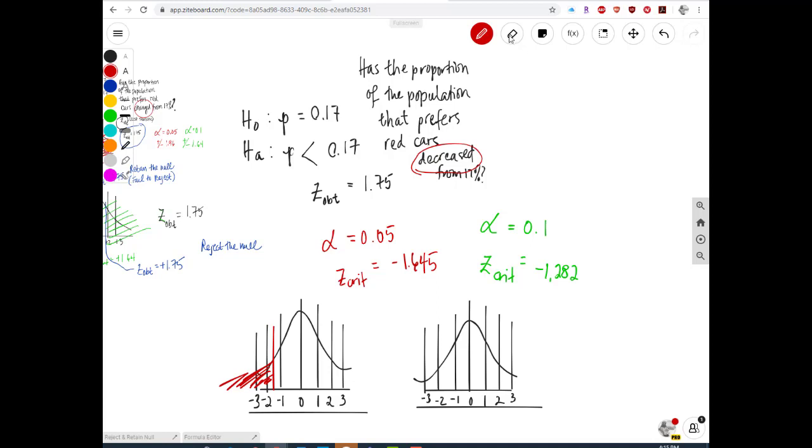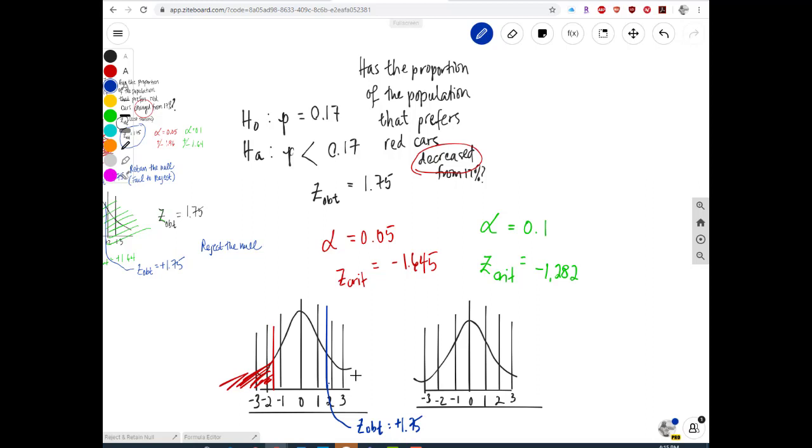Now, my Z obtained, I'm going to continue to use as I did before. When I did the experiment, I found that my Z obtained was 1.75. Well, 1.75 is a positive number. It's way out here. That's my Z obtained, or my test statistic.